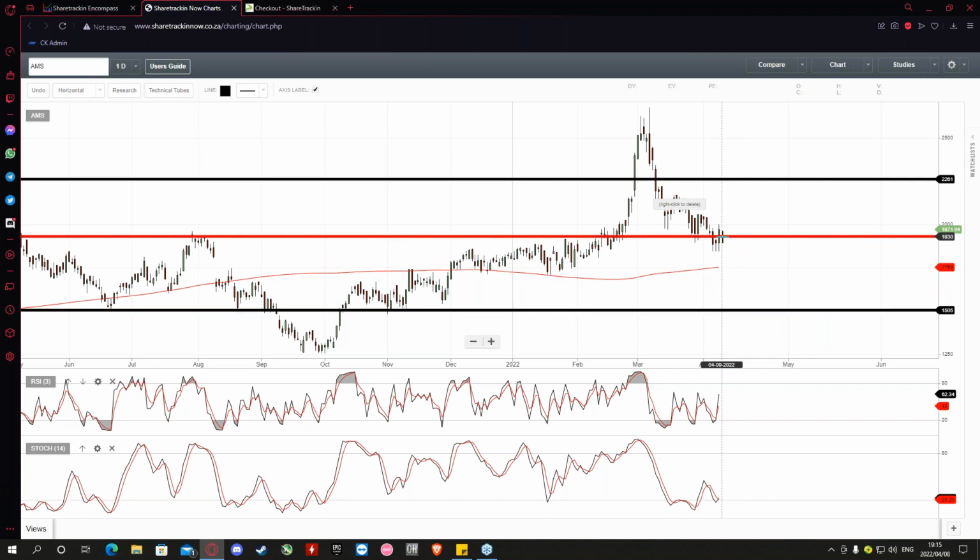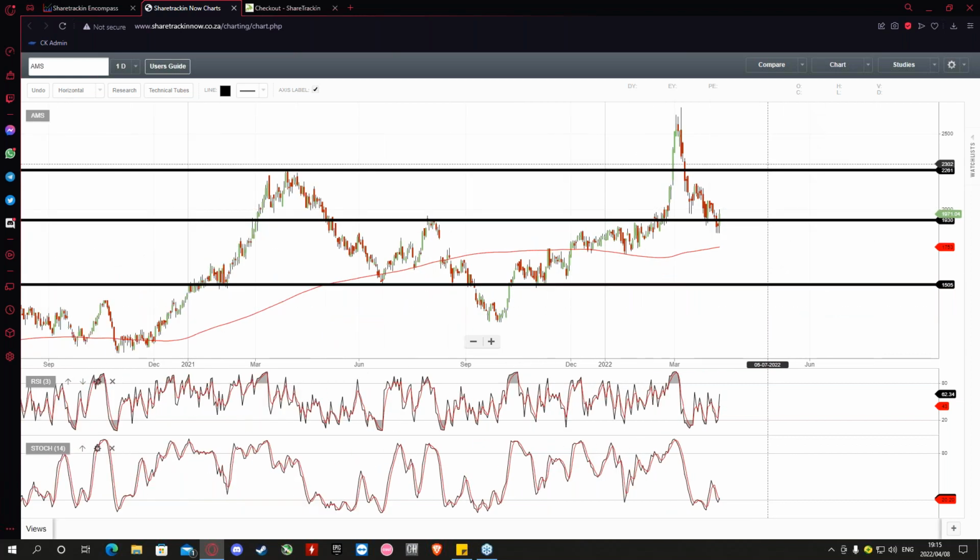Once it eventually entirely breaks through this line, then it can fall all the way down to 1,505. When it gets to that level, you close your position, you sell out basically.